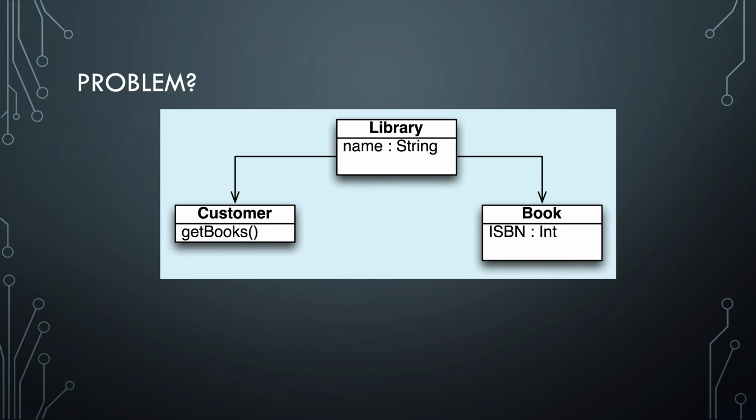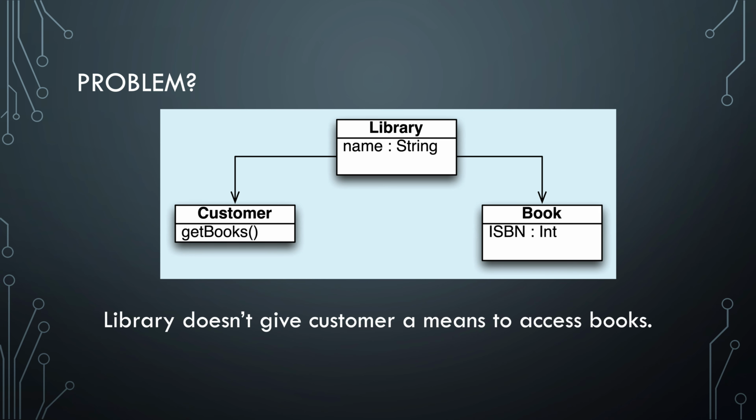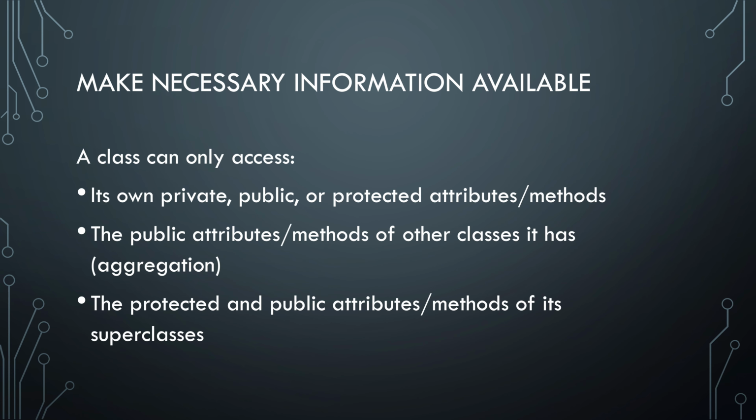And what's the problem here? The customer has a getBooks method, but the library doesn't have any means to actually access these books. As you can see, it's important that necessary information is available.